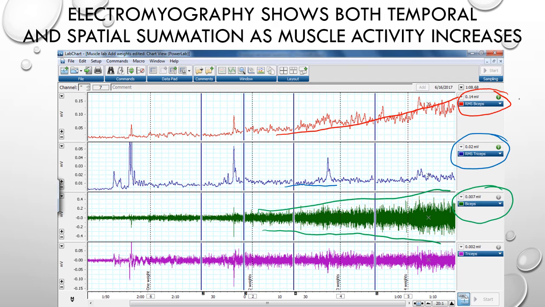And we can see that the triceps is just slightly increasing in its intensity, and the amount of contraction that is occurring. And again, when we look at the raw data, that raw data is slightly becoming wider as we added more weight into the bag itself.